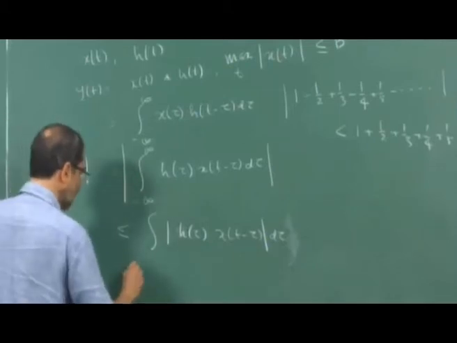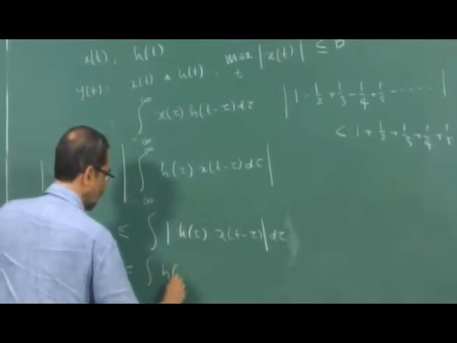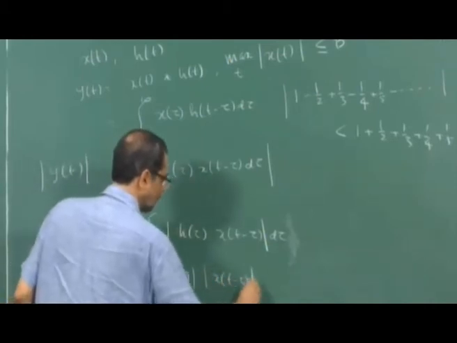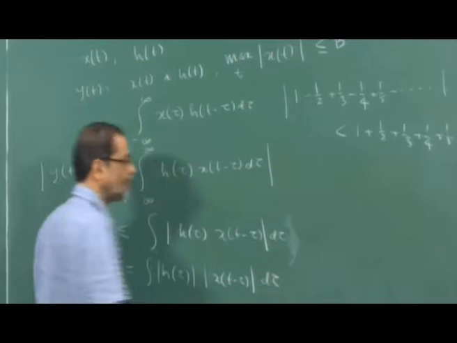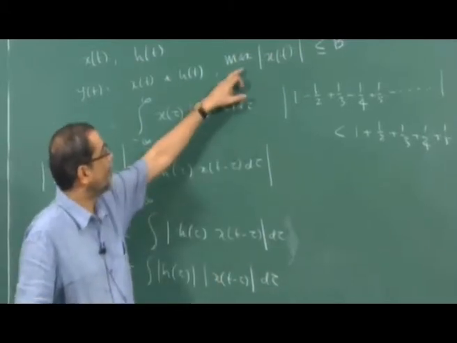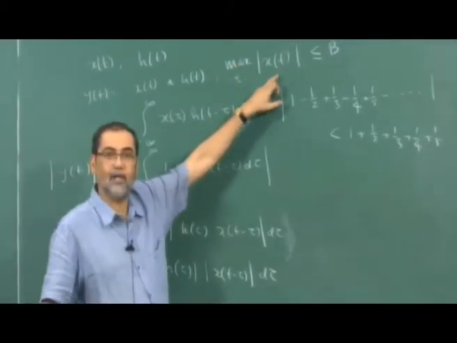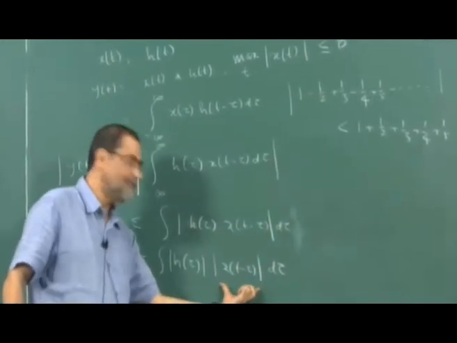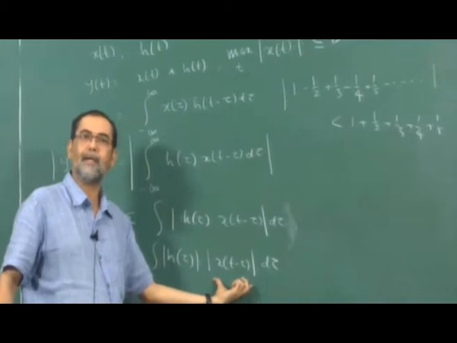So this is now equal to the integral of the absolute value of h of tau and the absolute value of x of t minus tau. But I've assumed that the maximum possible value of the absolute value of x is less than b. So I can replace every absolute value of x by b, right.